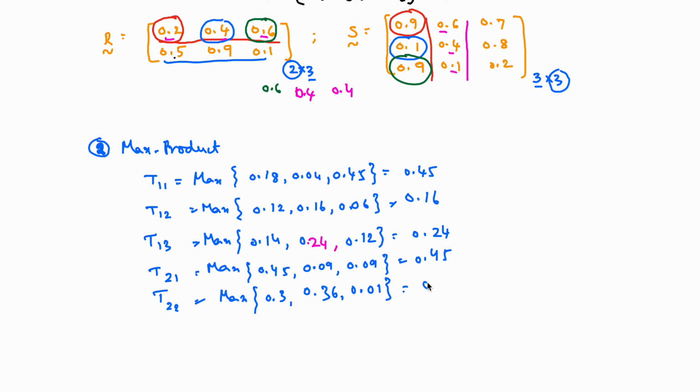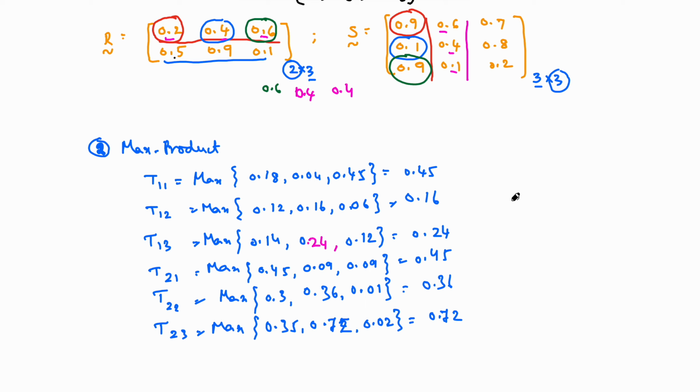So 0.36 is the maximum. Similarly T23 is the maximum of 0.5 and 0.7 is 0.35, 0.9 and 0.8 is 0.72, and 0.1 and 0.2 is 0.02. So the maximum out of these things is 0.72.